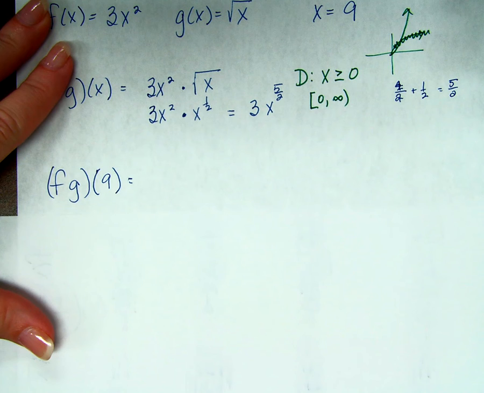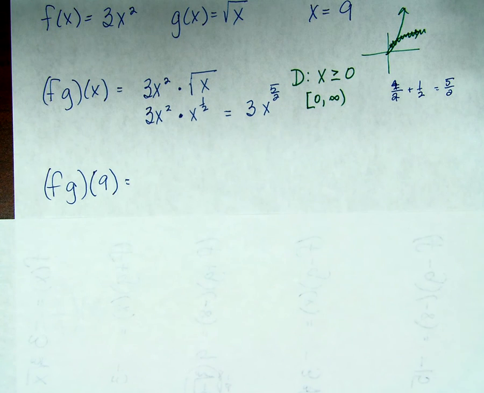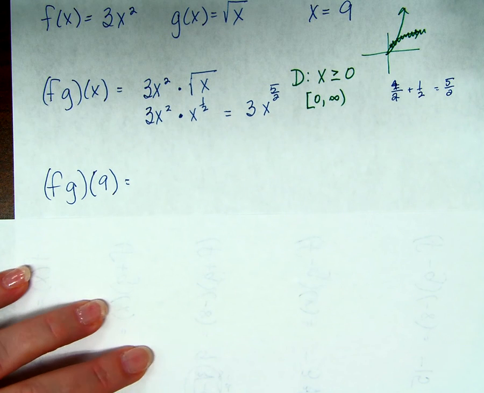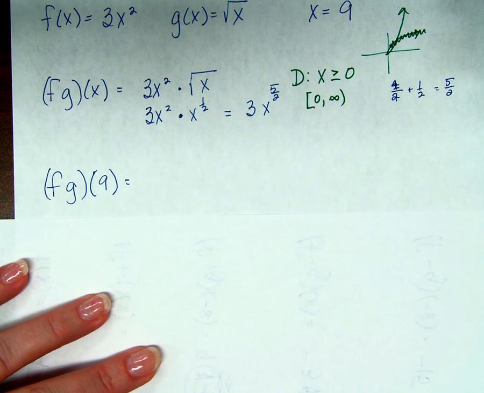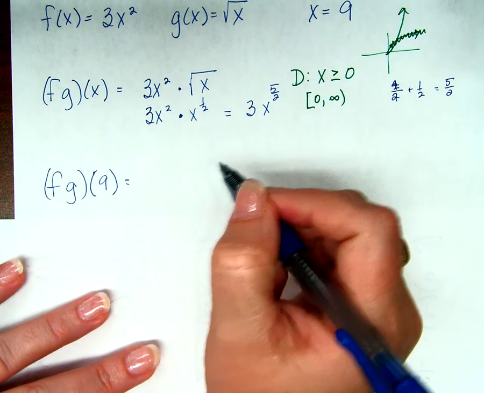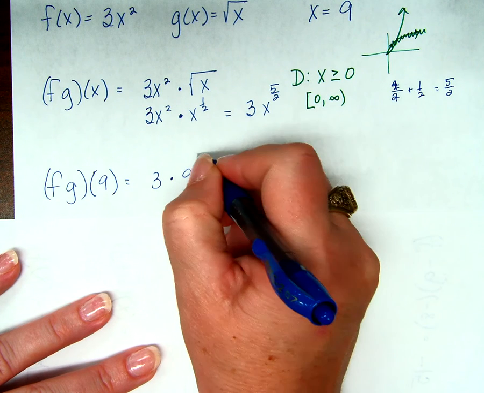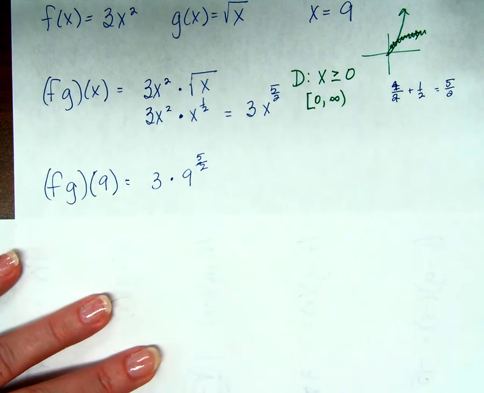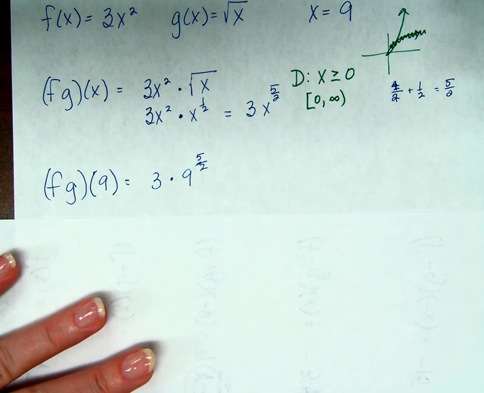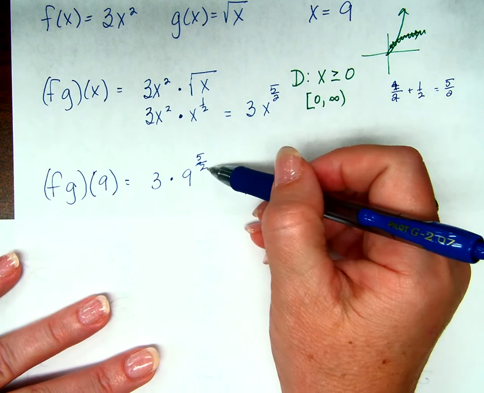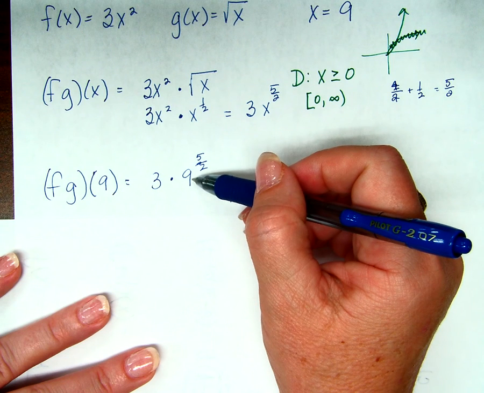Can you tell me about f times g of 9? Where can I start? 3x to the 5/2, so I have 3 times x, which I'm going to put as 9 to the 5/2 power. Now this one we might be able to do in our head. What's the square root of 9? 3.